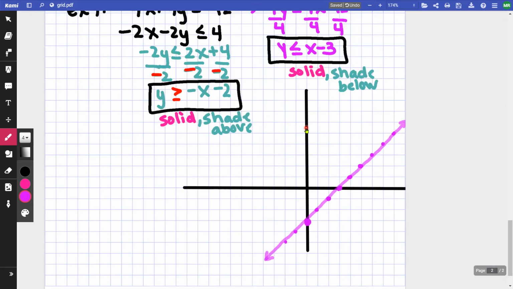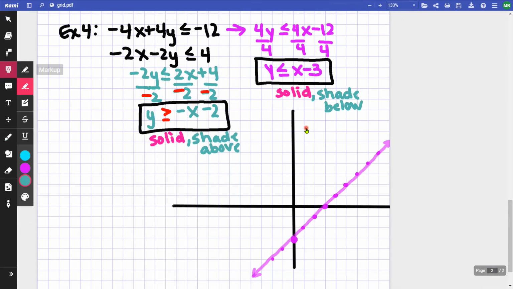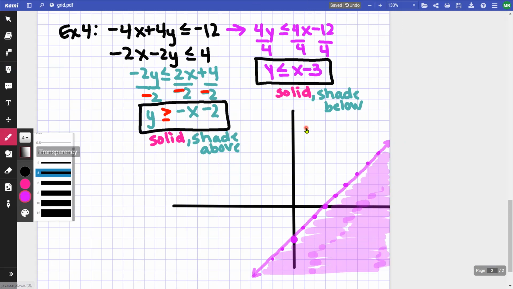And then for this one, I want to shade below. So I'm going to be shading everything below. And for my other one, which is going to be my teal one, my y-intercept is a -2.